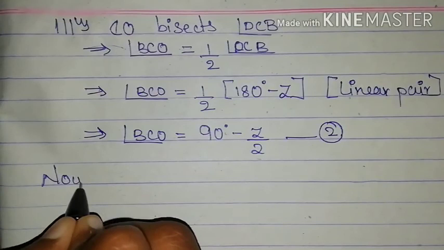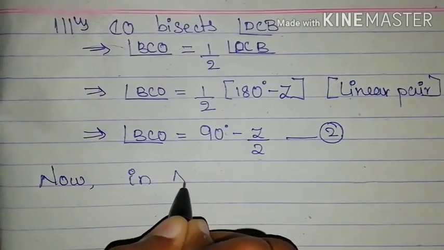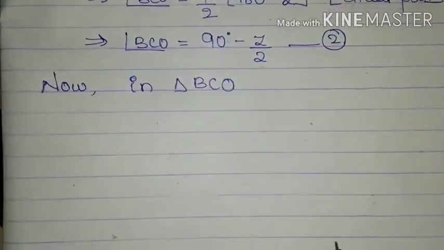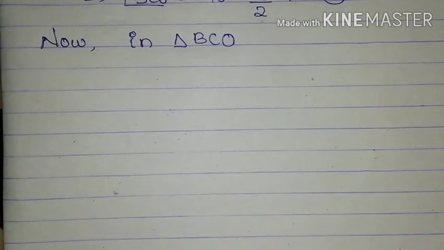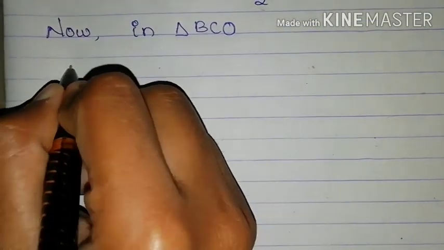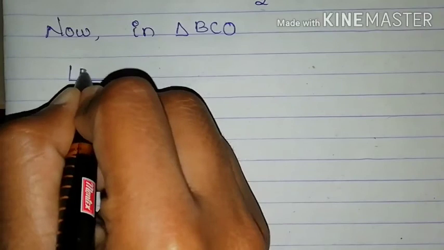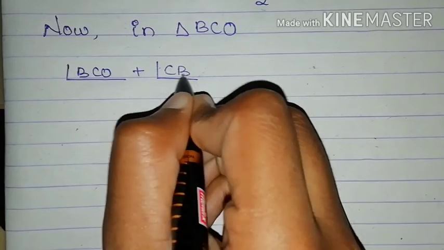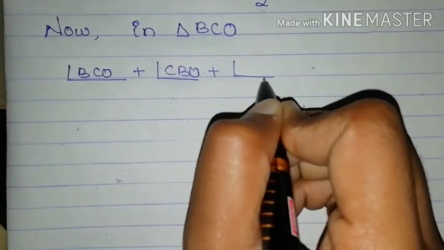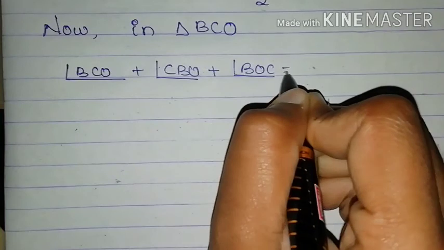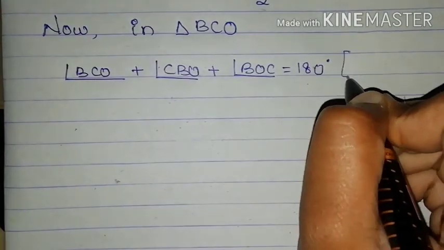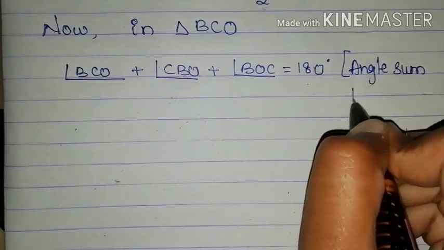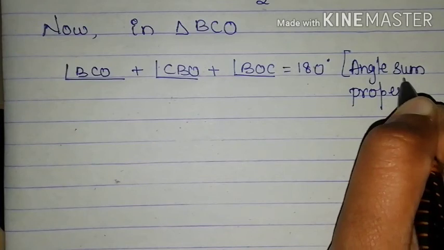Now in the triangle BCO, that is the triangle formed by the angle bisectors, we have angle BCO plus angle CBO plus angle BOC is equal to 180 degrees because of the angle sum property: the sum of the interior angles of a triangle is always 180 degrees.